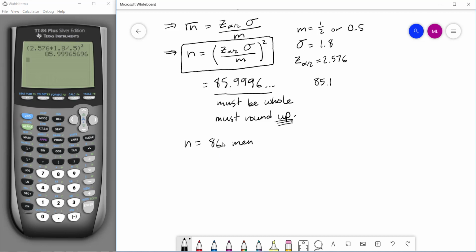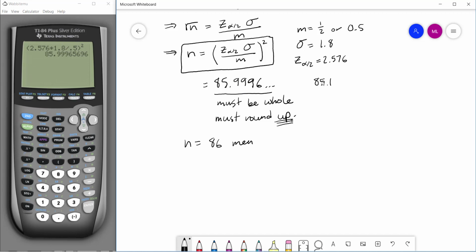Whereas if we rounded down, we're not quite getting as strong of results as what we're claiming. So this is the reason that we will always have to round up on these necessary sample size problems, even when it's a number that we would normally round down.